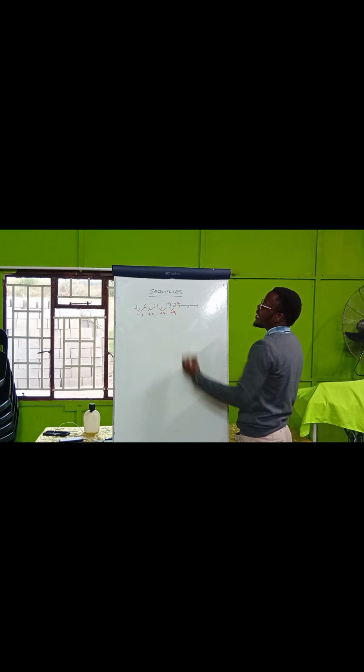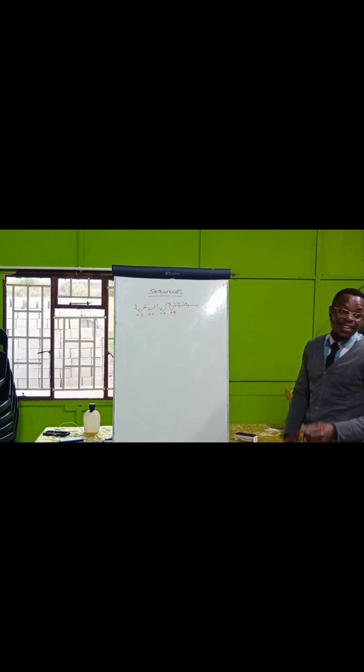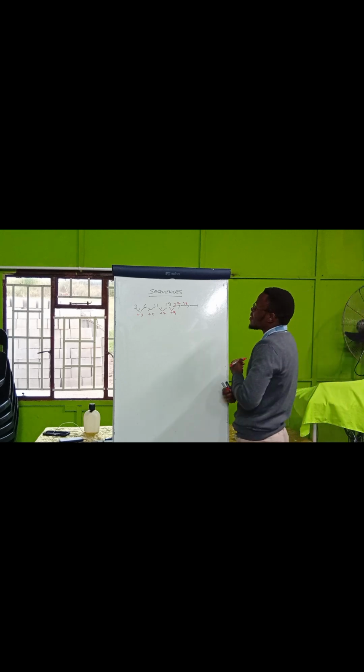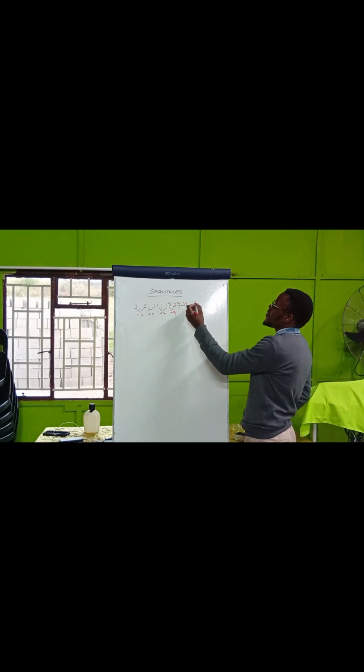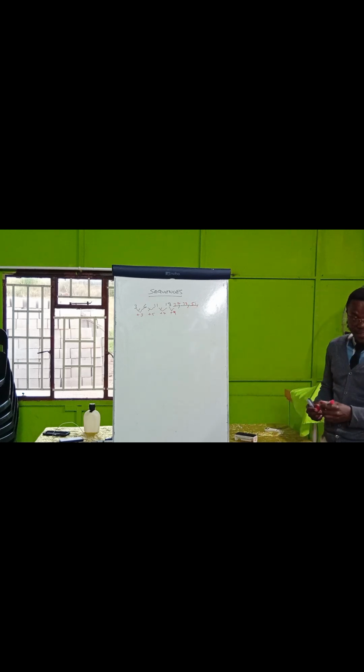Then when you add 11, you're supposed to get 38. And when you add 13, you're supposed to get 51. So these are the values.